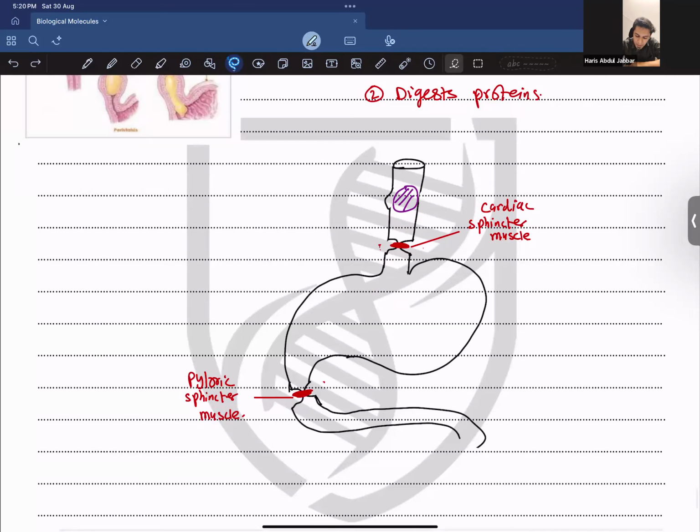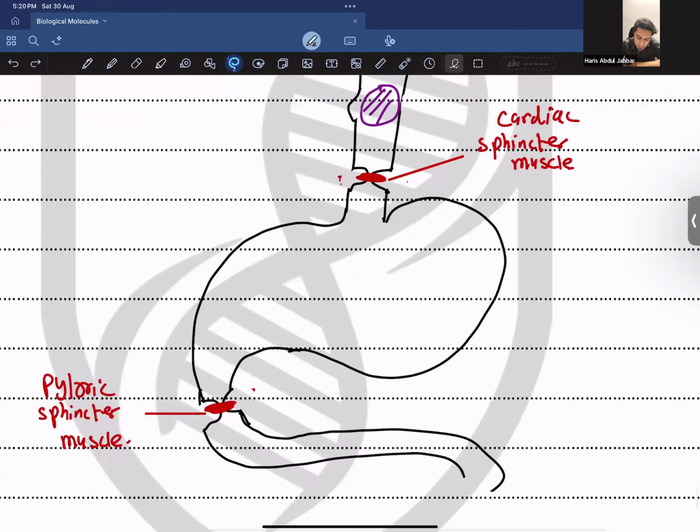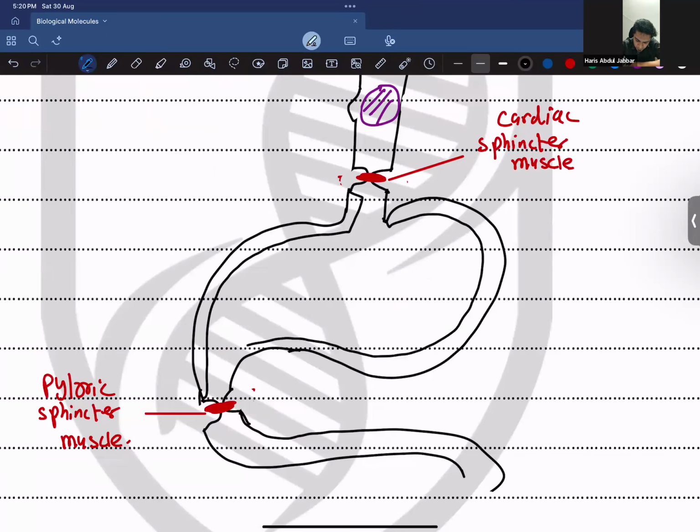All right. Now when we talk about the muscle, the stomach, मैं क्या कर रहा हूं, मैं स्टमक की वॉल्स को थोड़ा सा एविडेंट कर रहा हूं। कहने का मकसद क्या है? All these sections that I'm drawing, they represent the cells of the stomach. ये किसको represent करें?